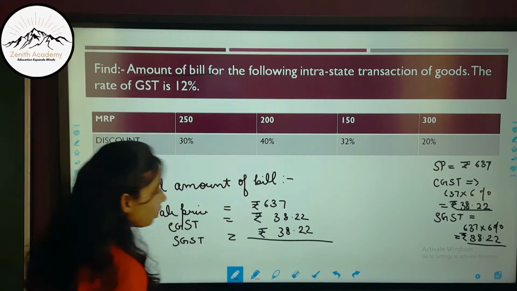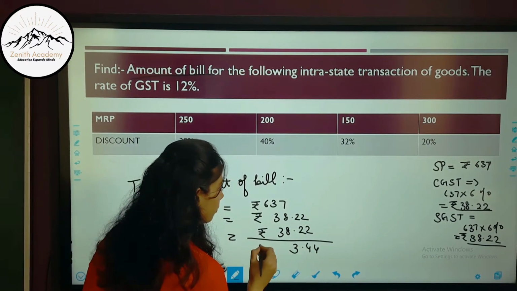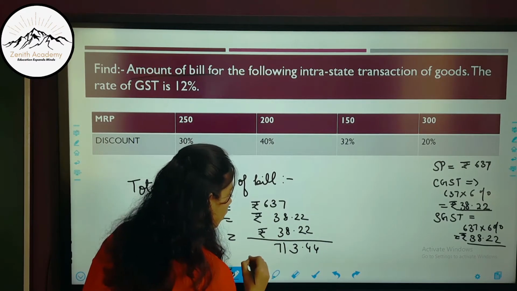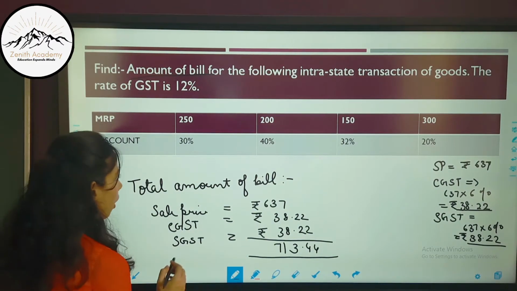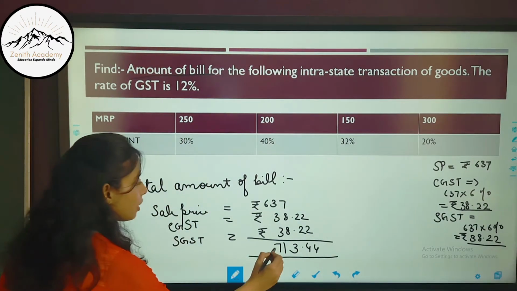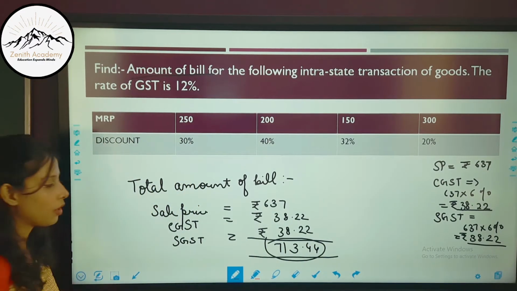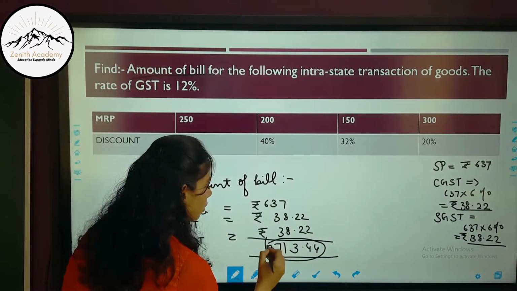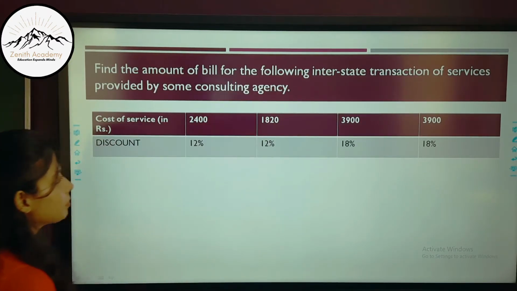So the total will be 713.44. So our amount of bill is equal to 713.44. Okay, don't forget to write rupees. Let's solve our other question.